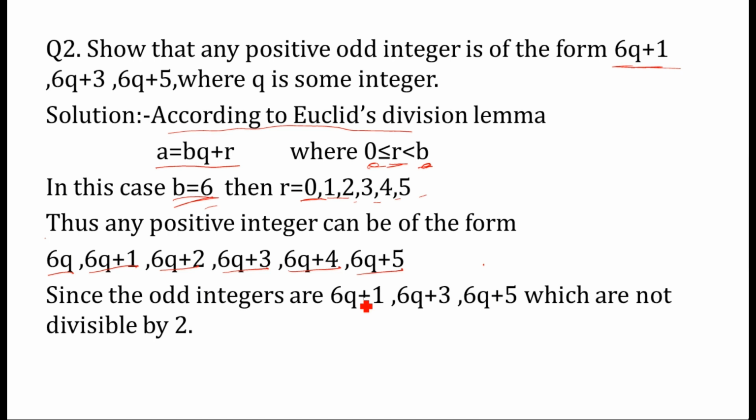When we add 1, 3, 5 to them, they become odd integers and they are not divisible by 2. Therefore, the odd integers are 6q plus 1, 6q plus 3 and 6q plus 5.